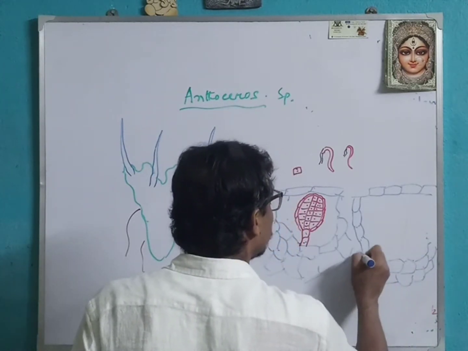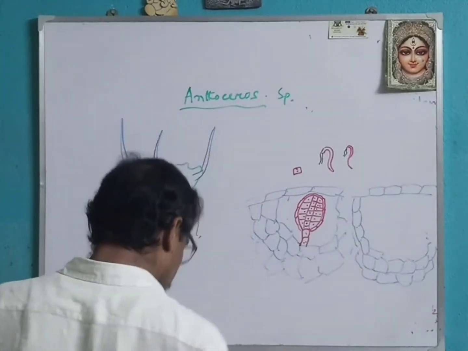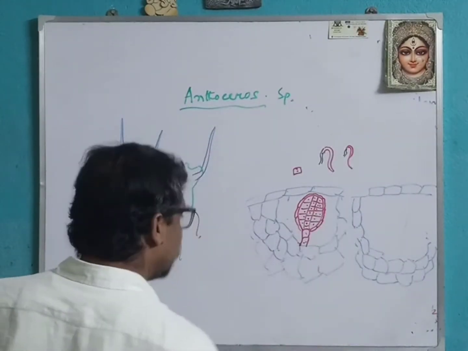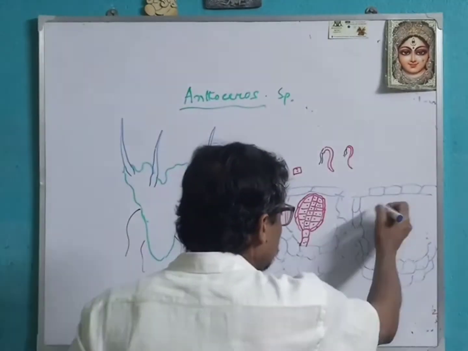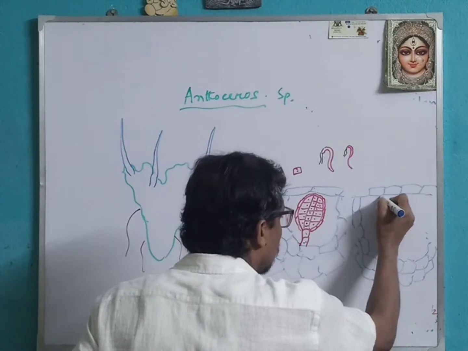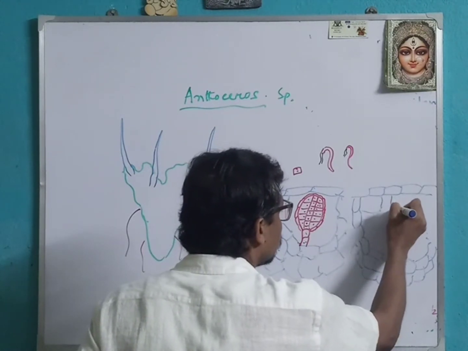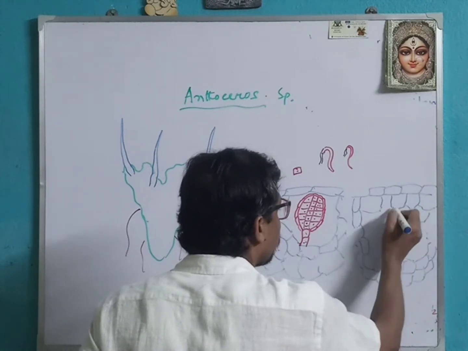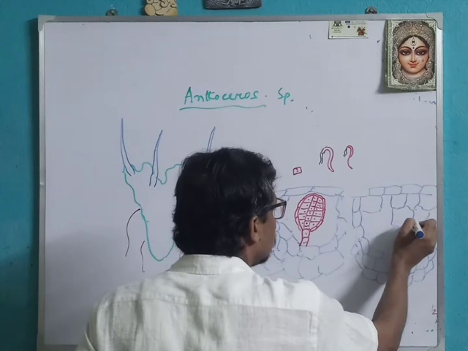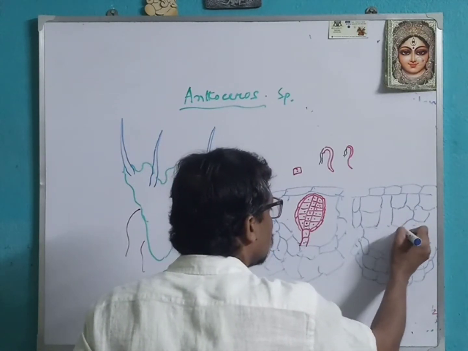As there is no differentiation, we cannot differentiate the internal structure of the Anthoceros. Some of the cells have been found to develop this way, this way, this way.